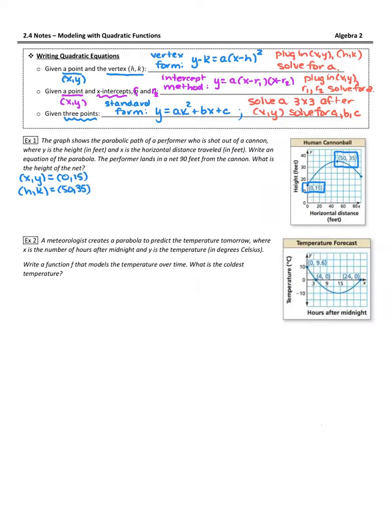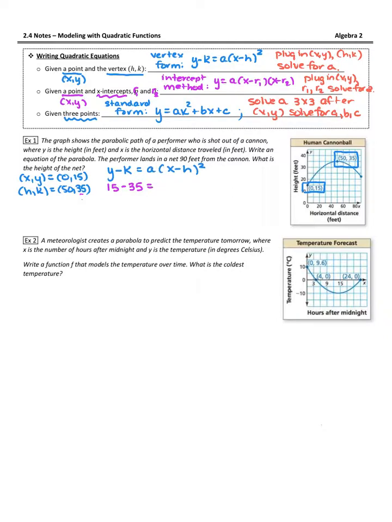And we're going to plug in what we know into our vertex form. So here's your vertex form. And we're going to then plug in this given information. So y is 15, and k, here's my k, is 35.